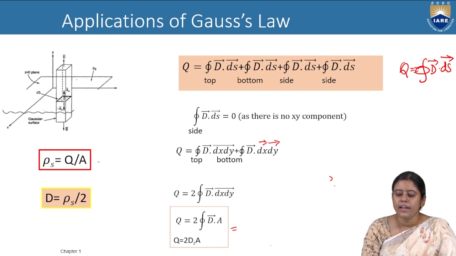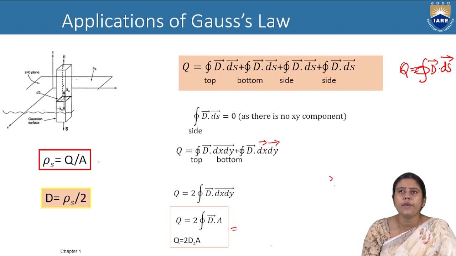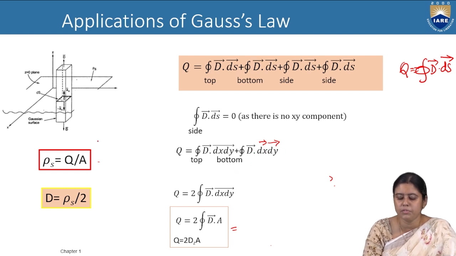So we can see that Q is equal to the integration over the top surface, bottom surface and two pairs of sides. As there is only the Z component, there is no XY component, so we can just remove the side components. So Q is equal to the integration of D dot dx dy over the top plus the integration of D dot dx dy over the bottom surface.